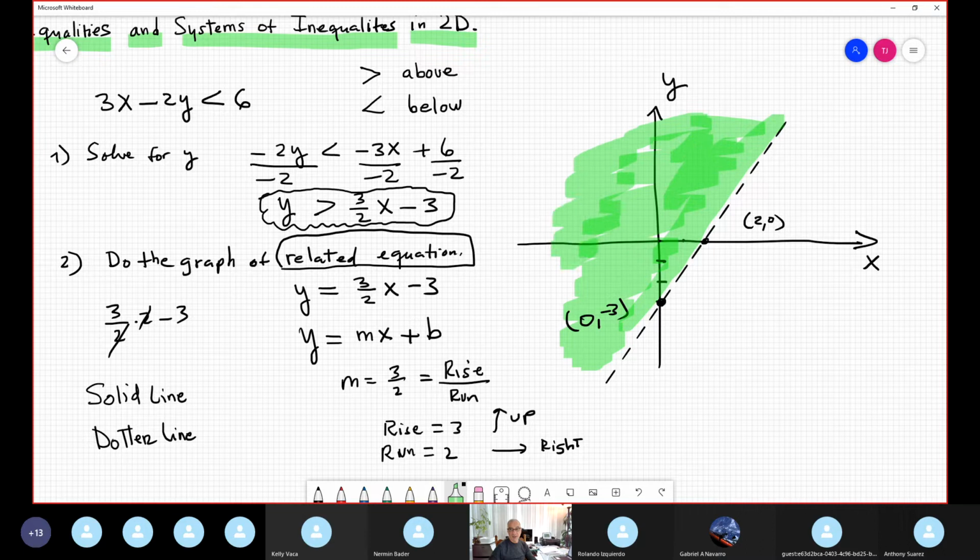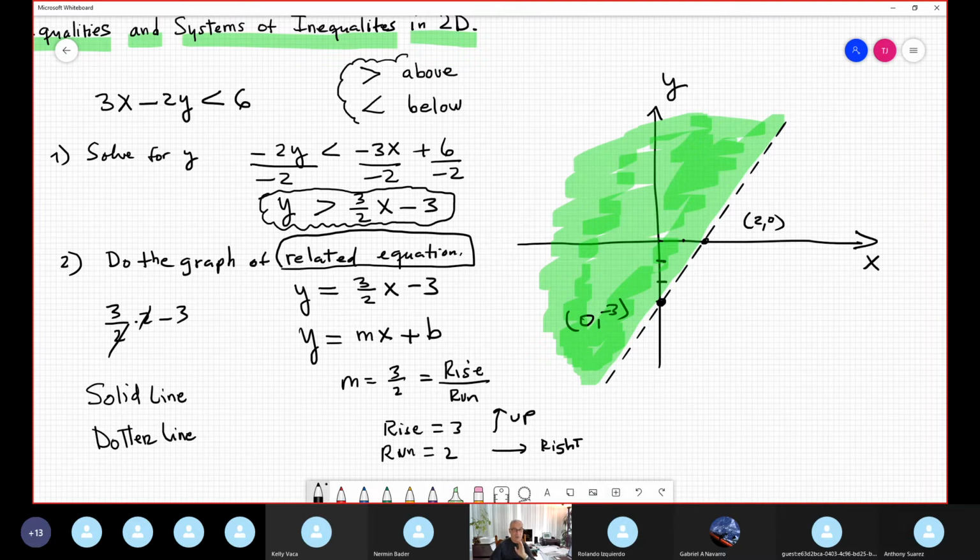In this case, it's the complete semi-plane. When you have a system, it's more complicated because you have different inequalities and you need to find the intersection. But in this case, it's easy. Now, another way to determine that is using this idea.